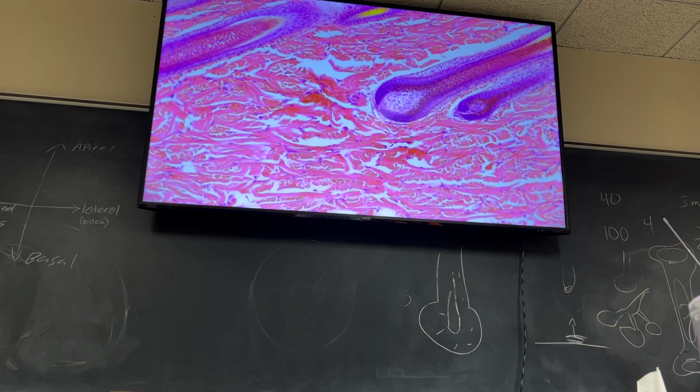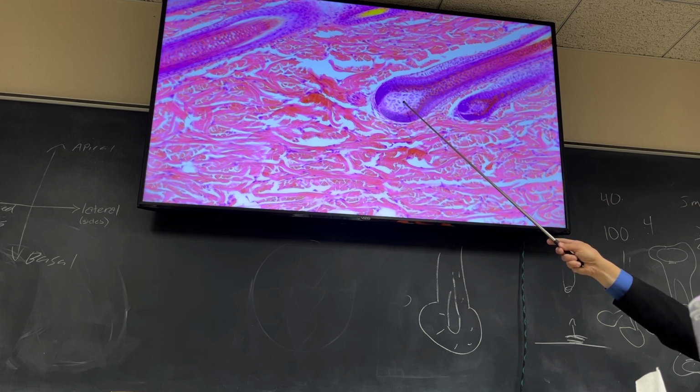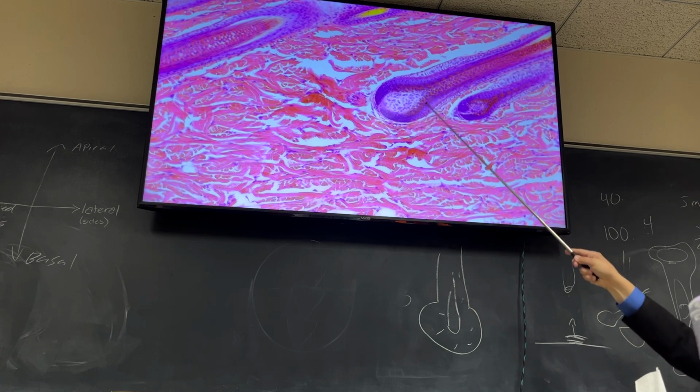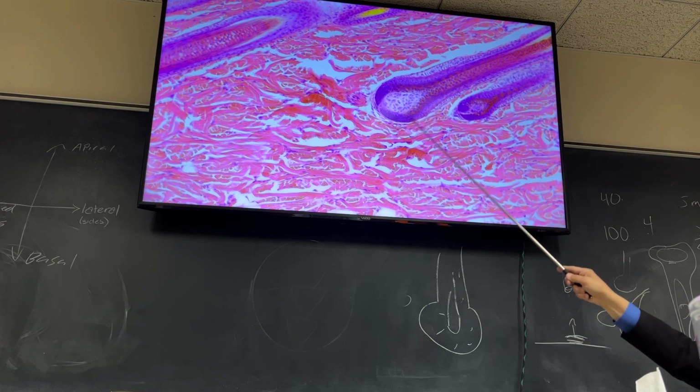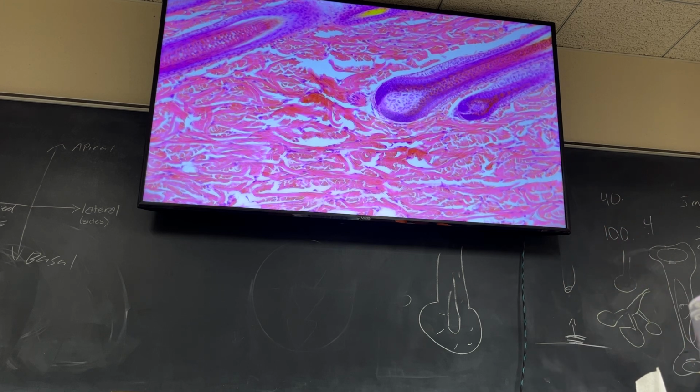But the bulb is the dermal part. The germinative cells you said were in the papillae. The bulb and the dermal papillae are the same thing. And then the germinal cells and the papillae of the hair follicle is another.